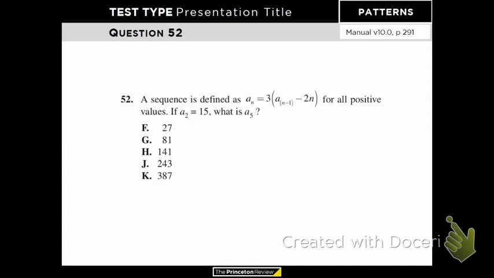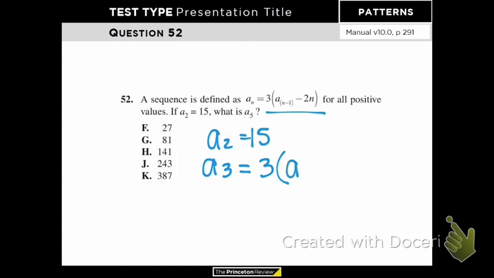Okay, 52. A sequence is defined as, and then it gives you your equation for all positive values. If A sub 2 is 15, what is A sub 5? So let's start, they tell us A sub 2 is equal to 15. We need to go in order here to get up to A sub 5. So for A sub 3, I'm just using my formula here, I'll have 3 and then parentheses.